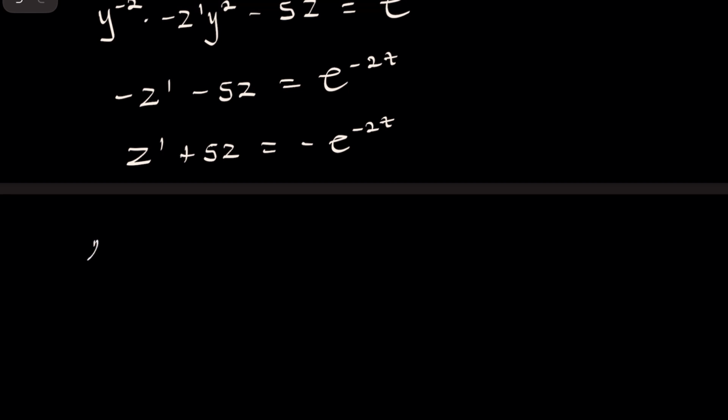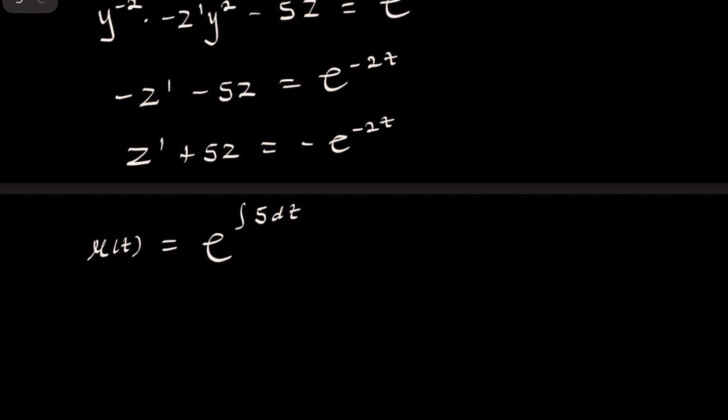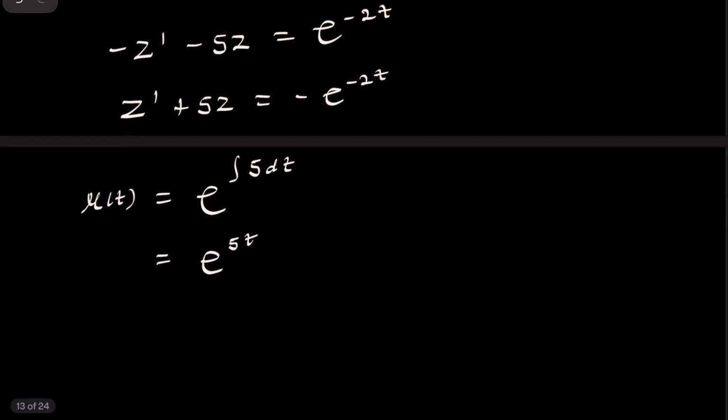So we solve this using the method of integrating factors. Find our integrating factor mu of t. So that's e to the integral of, so here we have the coefficient of z to be 5, and so that will be the integral of 5 dt. So the integrating factor mu of t is e to the 5t.